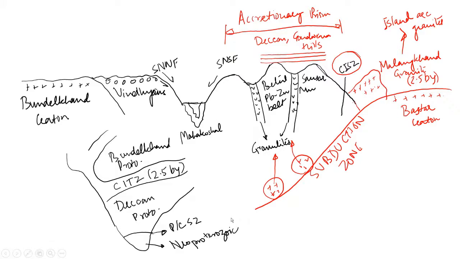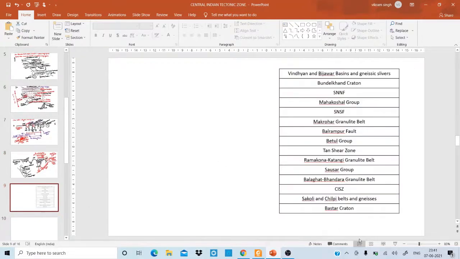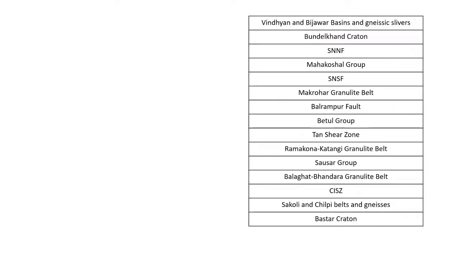Okay, now if we try to bring this in tabular form, then the north-south tabular cross-section of CITZ shall start with the Vindhyan and Bijawar basins and Gneissic slivers, the Bundelkhand Craton, then comes the Son Narmada North Fault, Mahakoshal Group, Son Narmada South Fault, Macrohar Granulite Belt, Balrampur Fault, Betul Group, Tan Shear Zone, Ramakona Katangi Granulite Belt, Sausar Group, Balaghat Bhandara Granulite Belt, and the Central Indian Shear Zone.